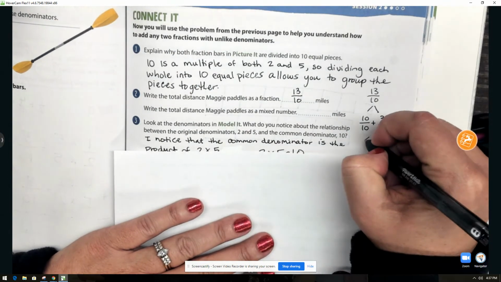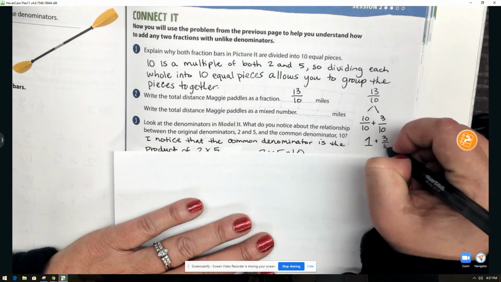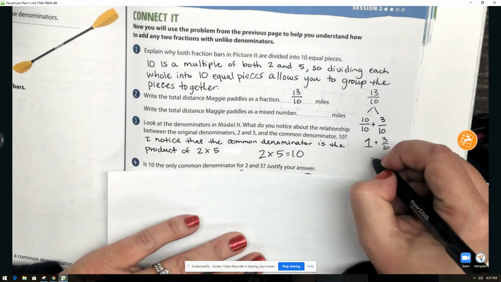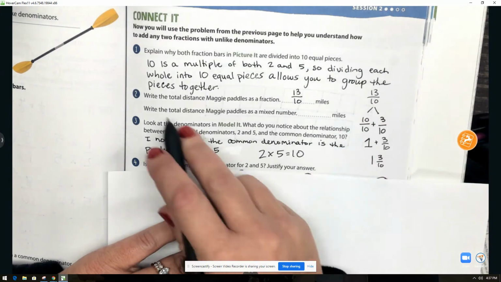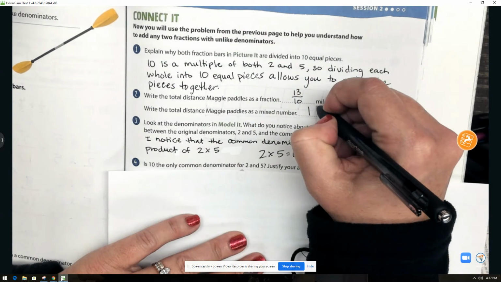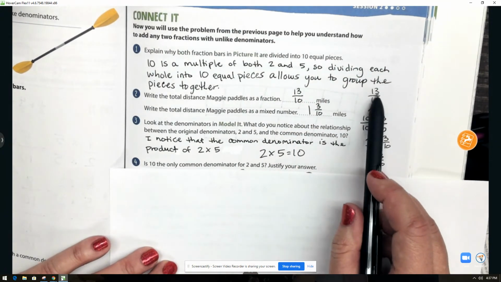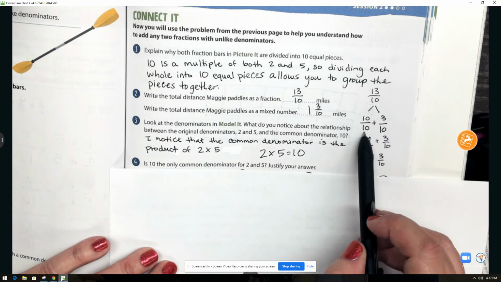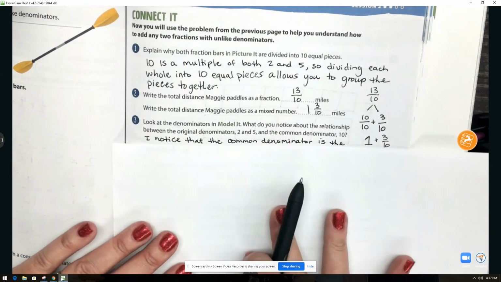That's right, 1 whole plus 3 tenths is the same as 13 tenths, or the answer is 1 and 3 tenths. So the total distance Maggie paddled as a mixed number is 1 and 3 tenths. We just broke up this 13 tenths into 10 tenths and 3 tenths. So we know we have 1 whole and 3 tenths.